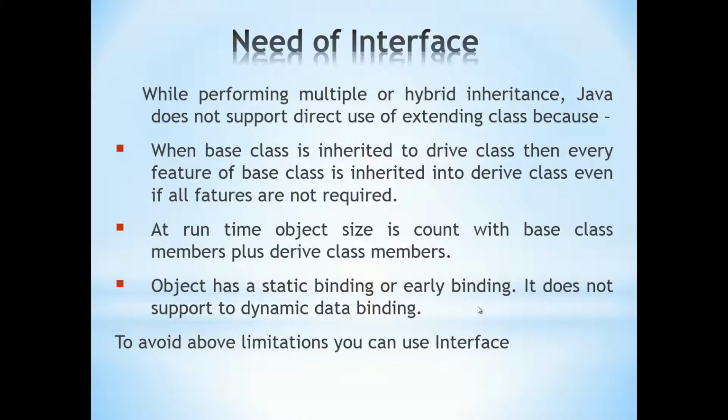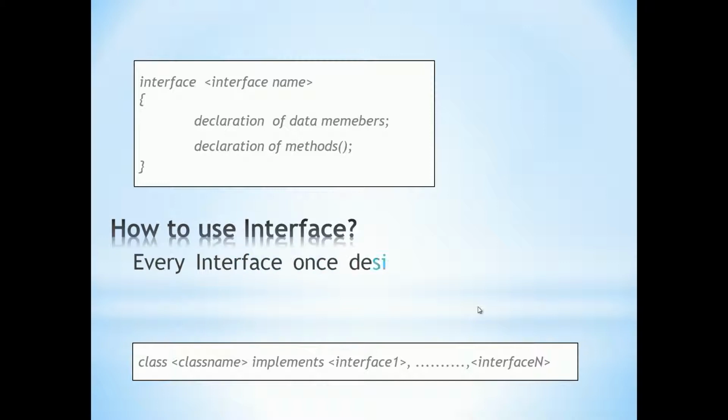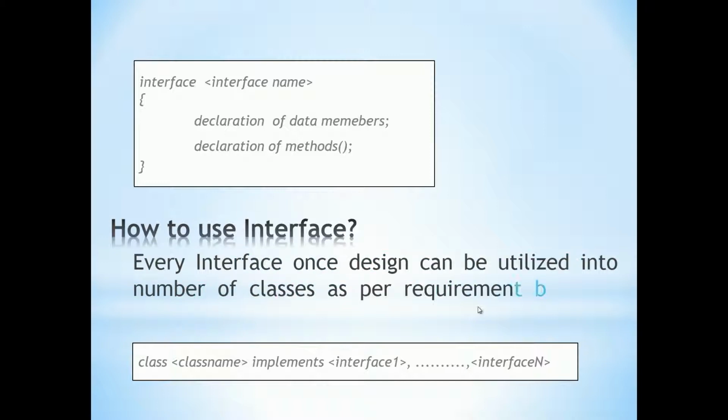To solve these limitations, we can use an interface. Every interface, once designed, can be utilized in any number of classes as per the requirement. Here we use the implements keyword. Under multi-level, single level and hierarchical inheritance, we have used the extends keyword.